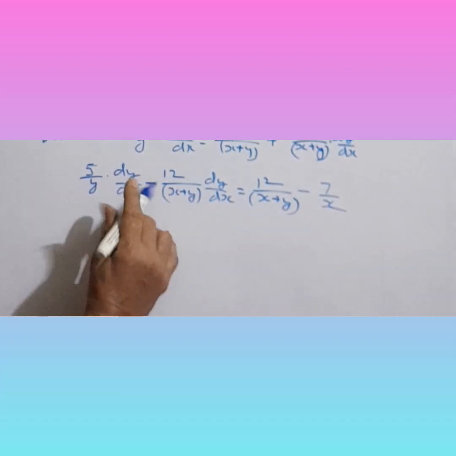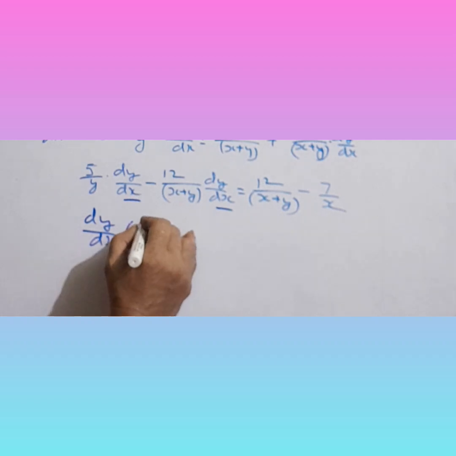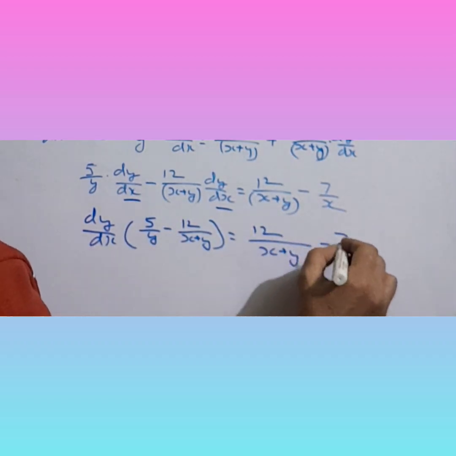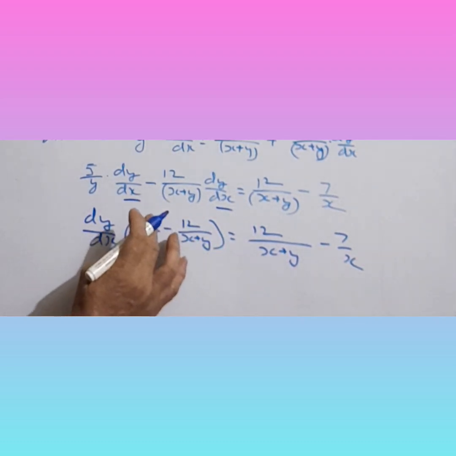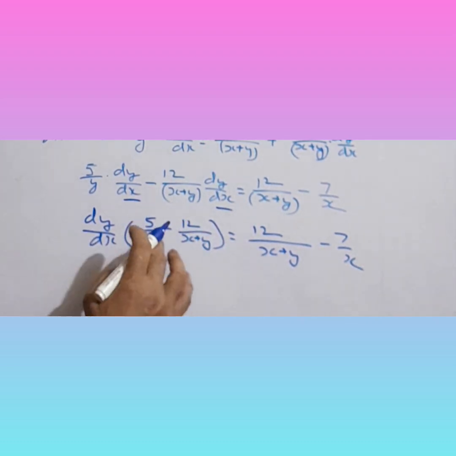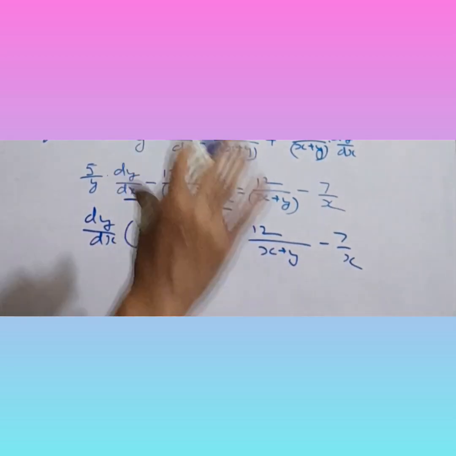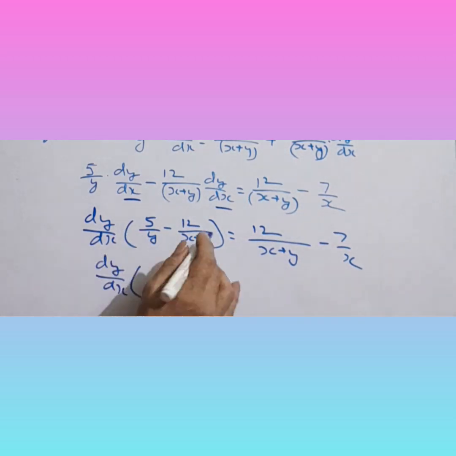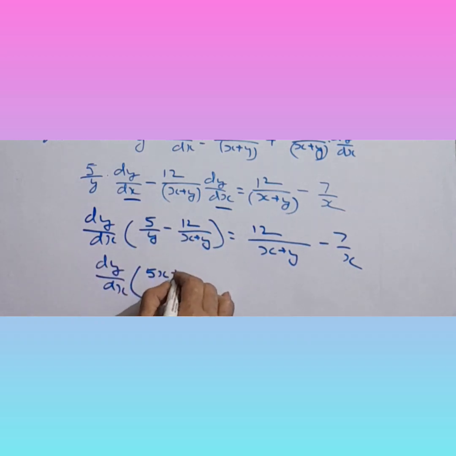Now here what we do is, we take dy by dx common. This is done. Now what? LCM story. So this will come here, this will go there. Our LCM is y into (x plus y). I guess you are quite conversant with LCM, as I taught it quite some time ago. I am directly multiplying also.